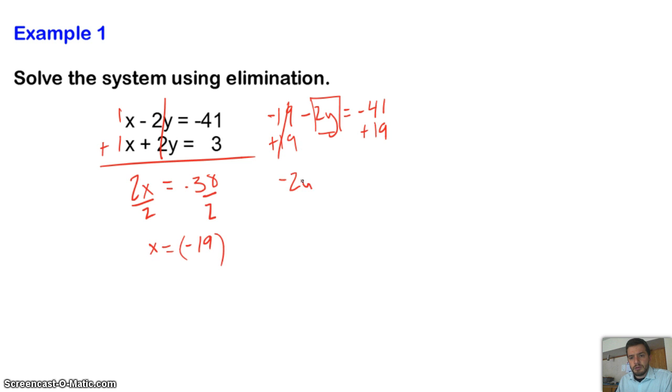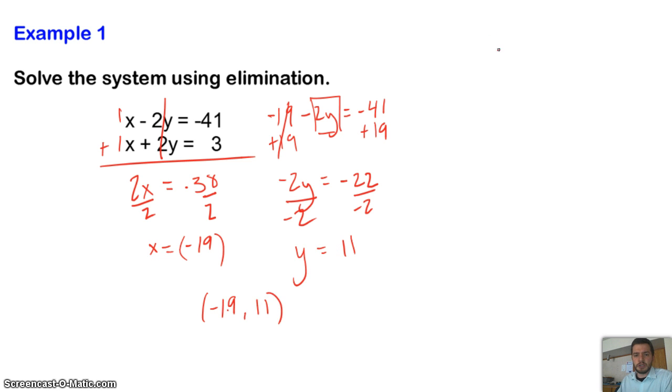So negative 2y equals negative 22, I believe. Divide by negative 2. Y equals positive 11. So again, you would want to write your answer as an ordered pair. So negative 19, comma 11.